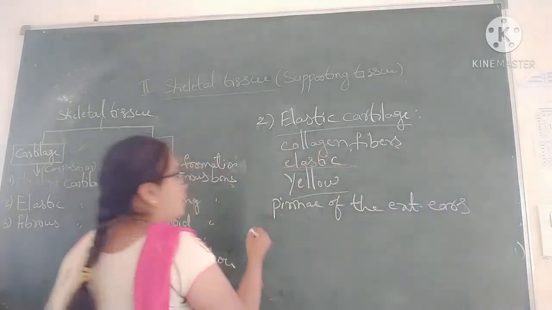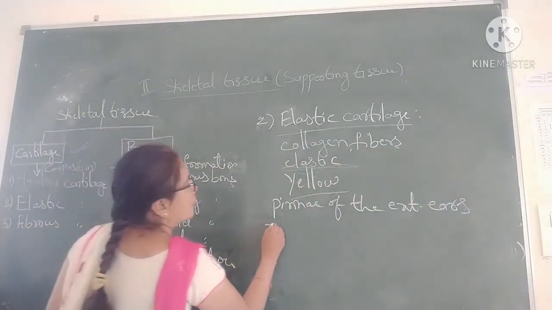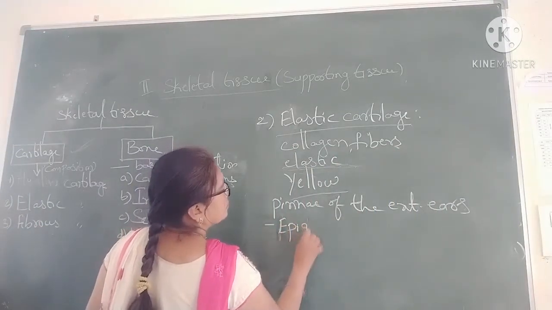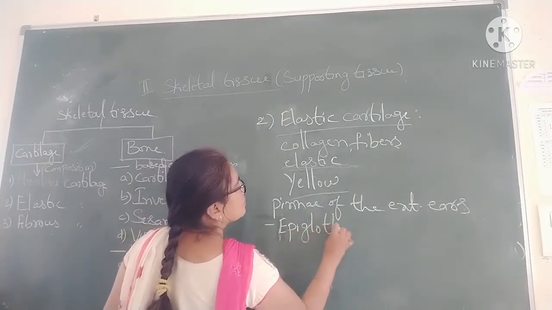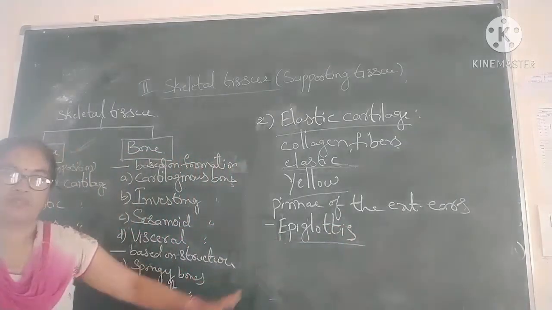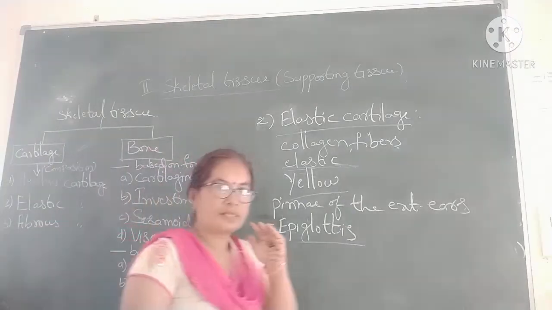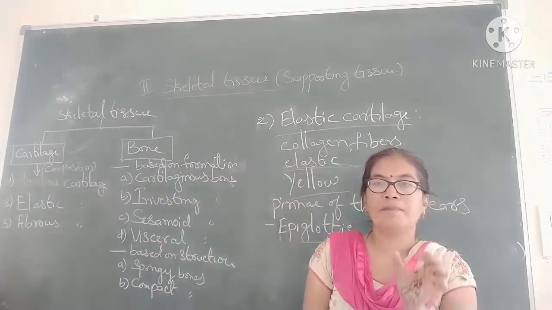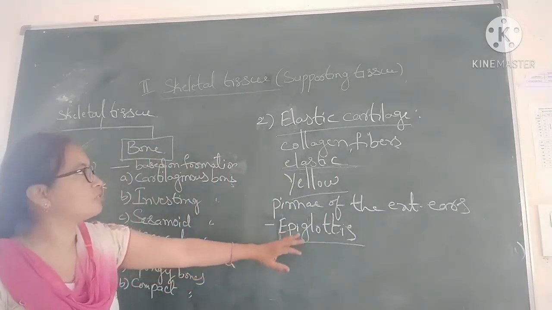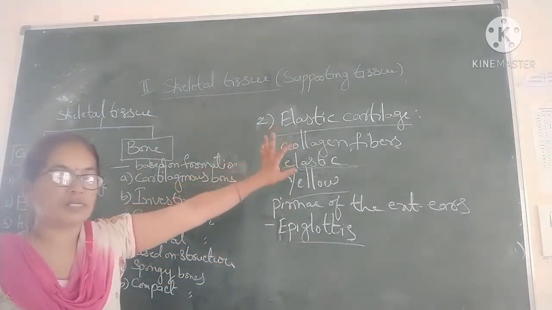It is also found in the epiglottis. What is the epiglottis? The flap-like structure between the food pipe and windpipe is called the epiglottis, and it is also formed by elastic fibers.